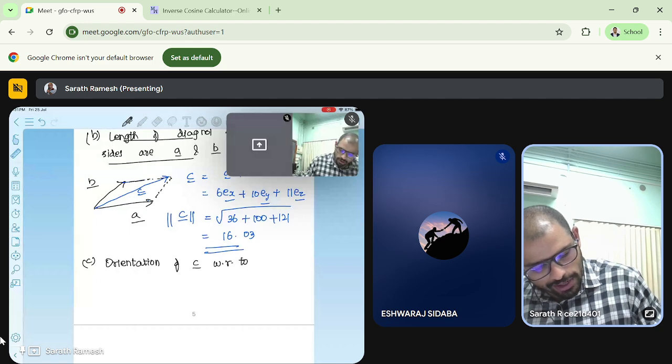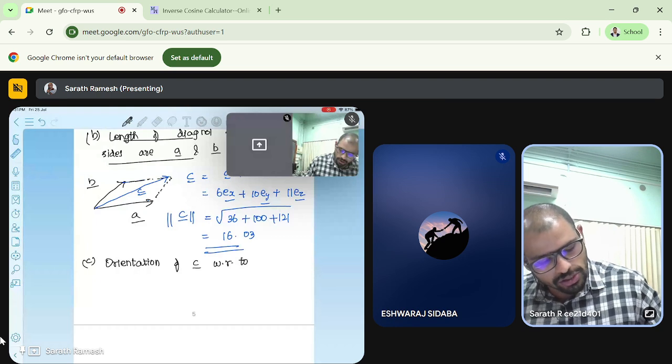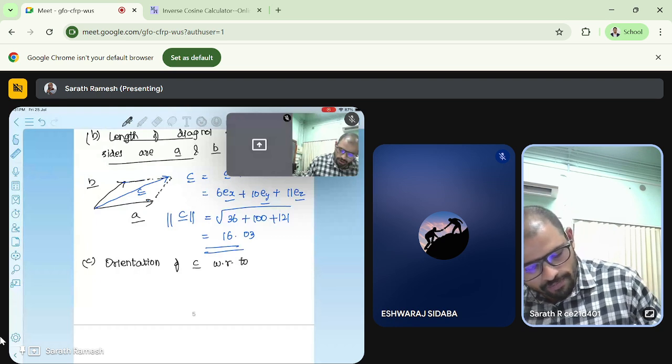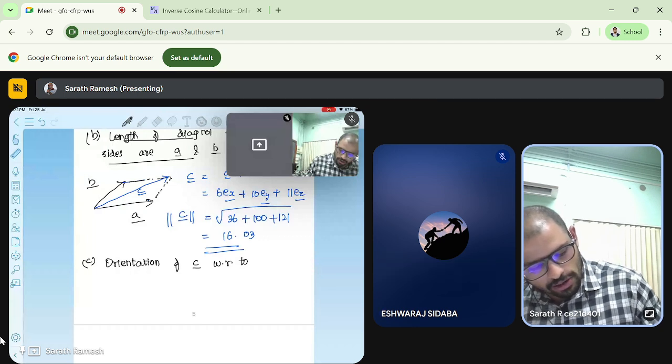6Ex plus 10Ey plus 11Ez, we want to find the angle between these two vectors. This is one vector and another vector is first Ex. So same concept, cos theta equal to, let's say this is capital A vector, this is capital B vector. What is cos theta?